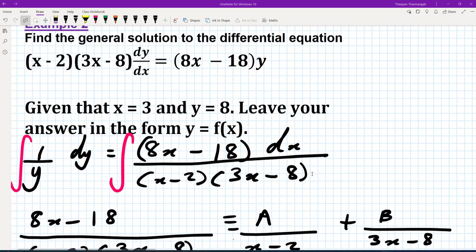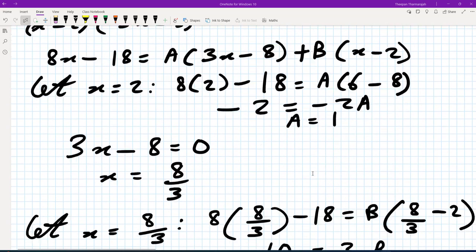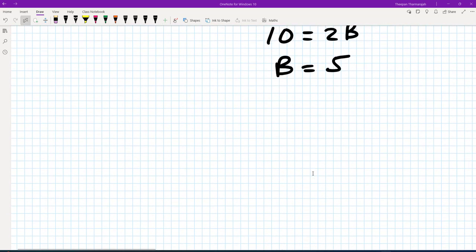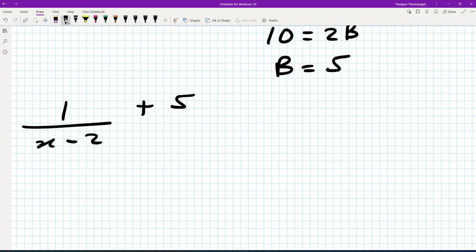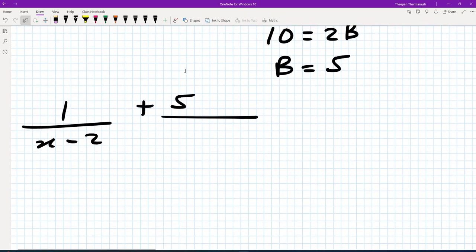So now my partial fraction is going to be, the value of a over x minus 2, in our case is 1. So it's going to be 1 over x minus 2. Now b is positive 5, so it's plus 5 over 3x minus 8. Now what we want to do is to integrate this.